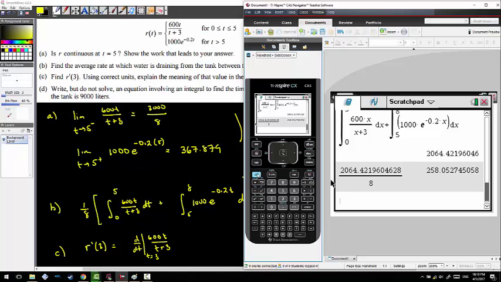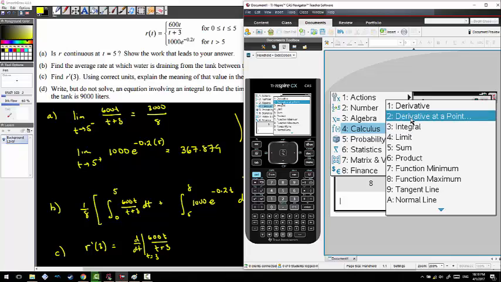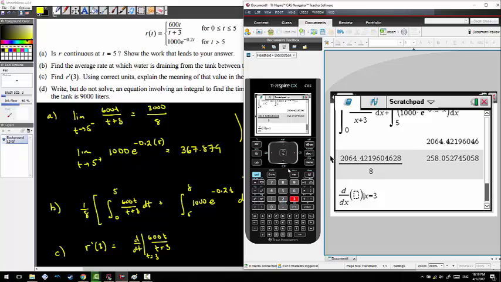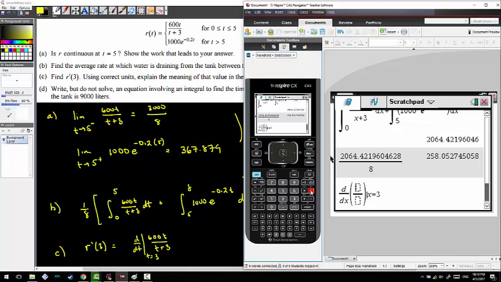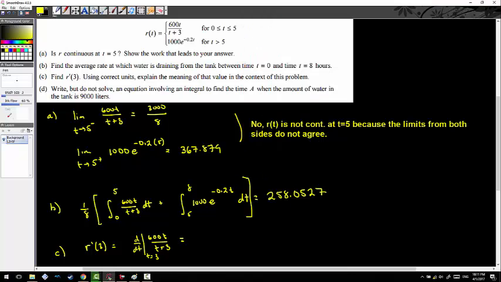I'm going to go menu, calculus, derivative at a point, value is 3, and instead of doing F1 and F2 and all that stuff, I'm going to just type in the function manually, 600x over x plus 3. And I'm going to derive that. Bam! It's 50! Okay, good for us. So that's a pretty easy number to do. It's 60, right? Oops, 60? I said 50. It's 50.